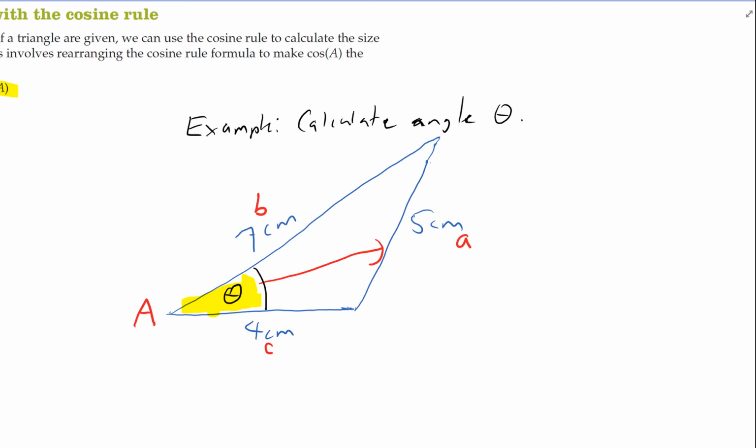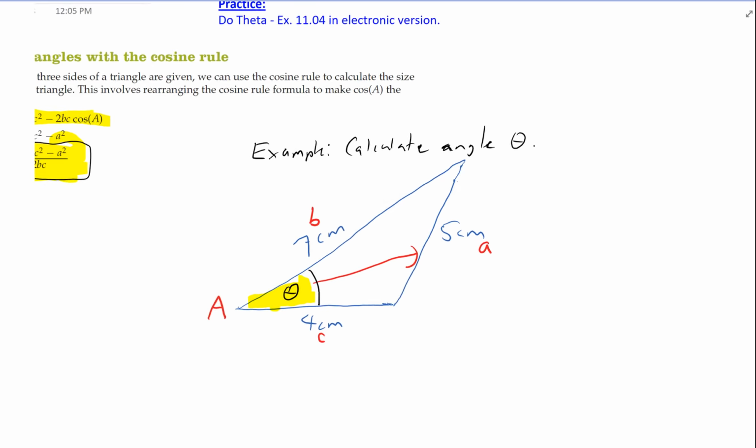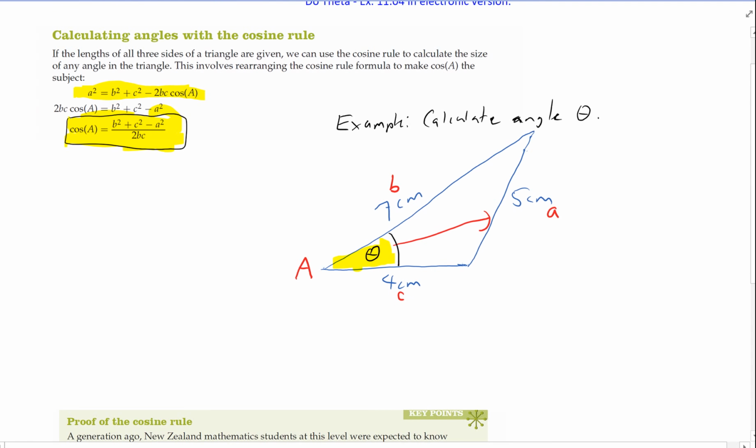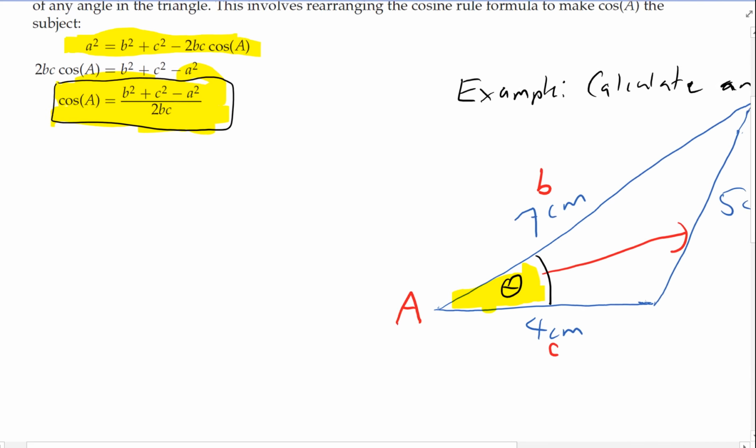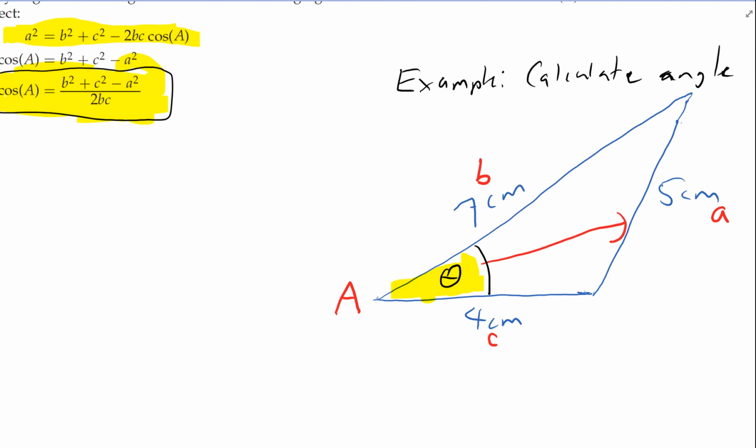Okay, so the next thing we do is we write down the formula, and the formula is good to memorize, but it will be given to you in the assessment. So here it is. So cos of A equals b squared plus c squared minus a squared over 2 times b times c. Now we're going to substitute in the information from this particular question into that formula.